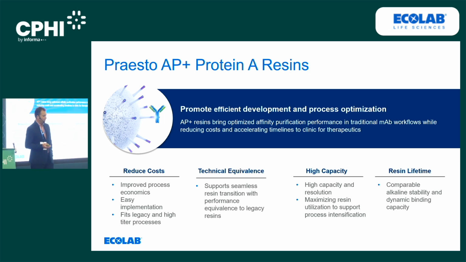Another pillar is the technical equivalency. The ligands that we have in our products in this family are easily introduced in the already existing process. So they support seamless transition with a performance which is equivalent to the already established processes.